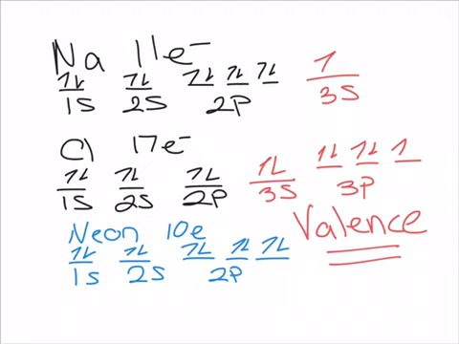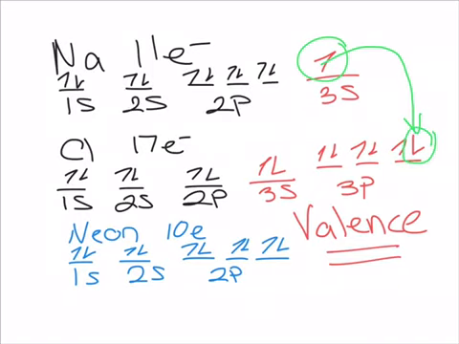What happens when sodium and chlorine bond together to form sodium chloride, which is normal table salt, is that sodium gives away this electron, and the chlorine atom takes it.